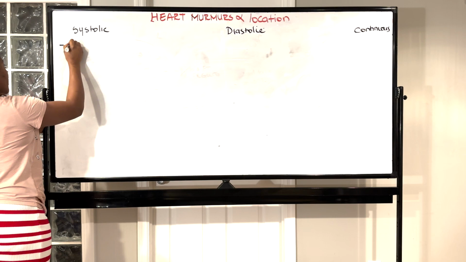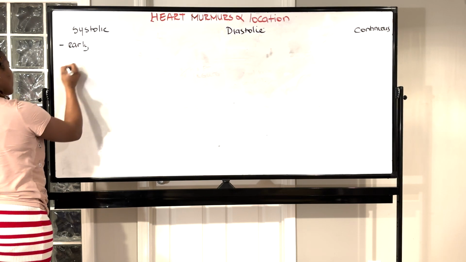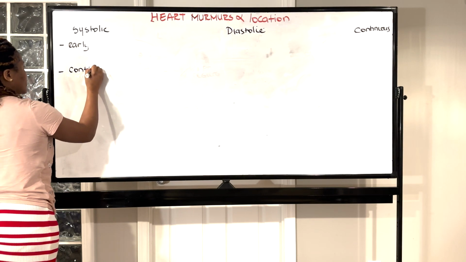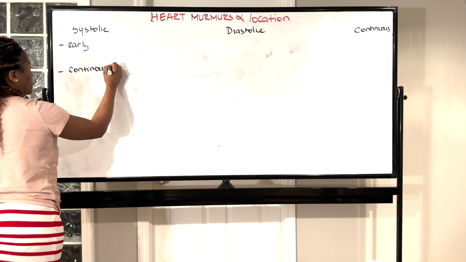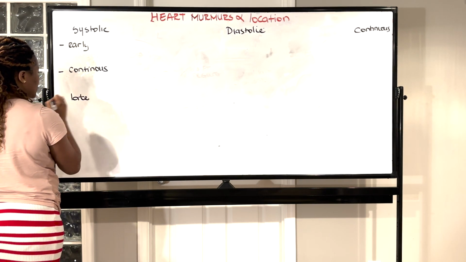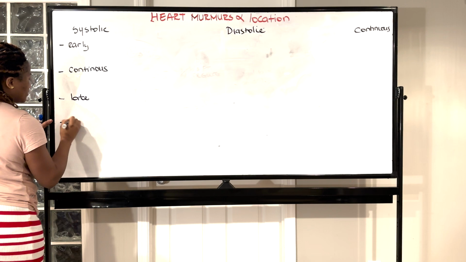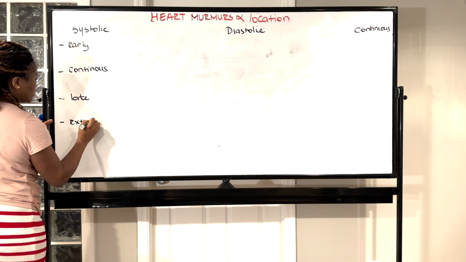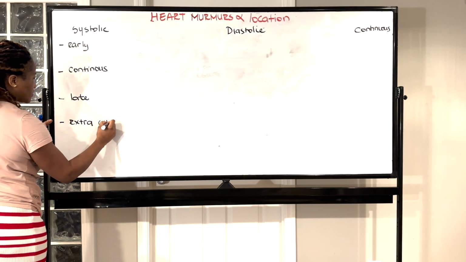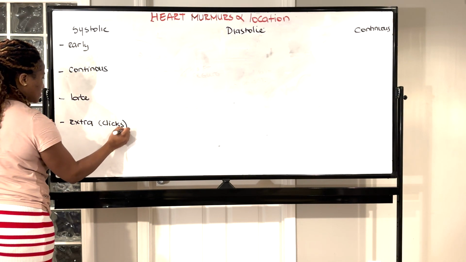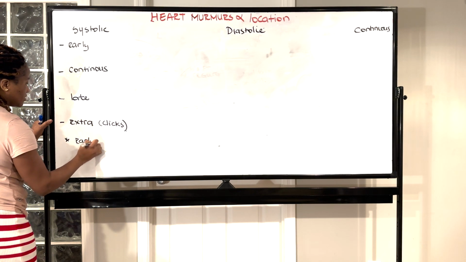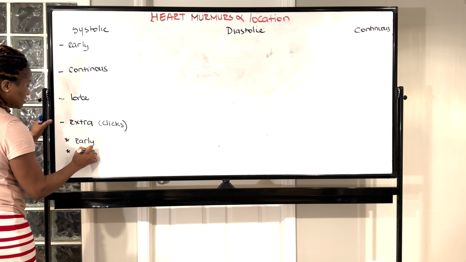And here we're going to have early systolic, continuous, so throughout the systolic or pan-systolic, and then late systolic. And here we're going to have extra sounds, also called clicks. And in the clicks we're going to have early or late clicks.